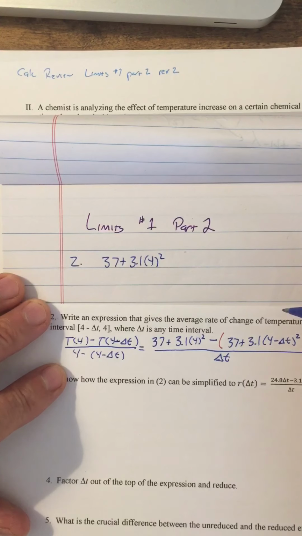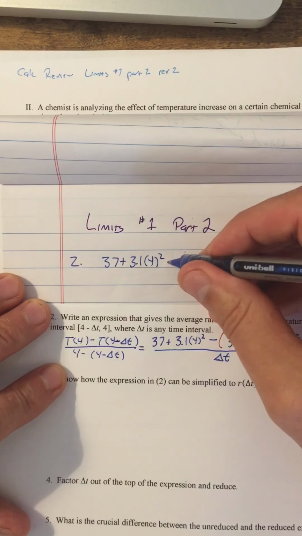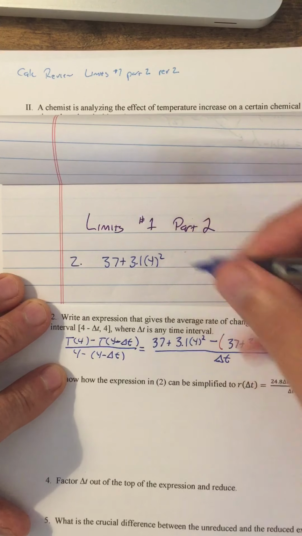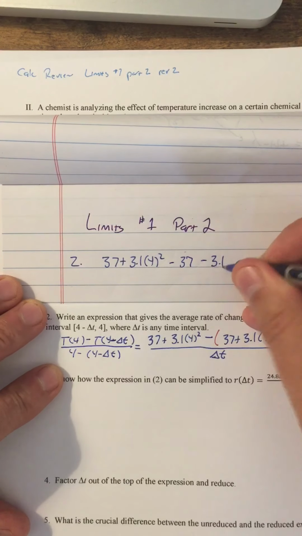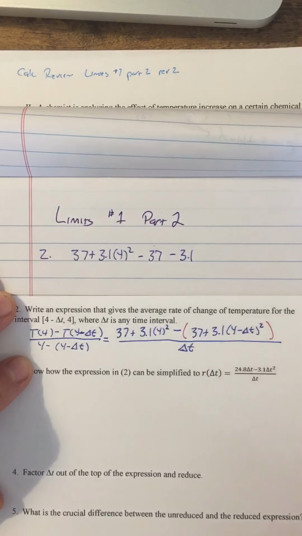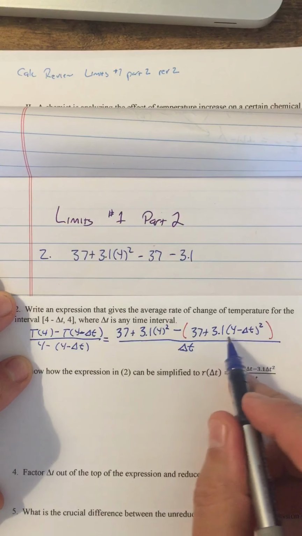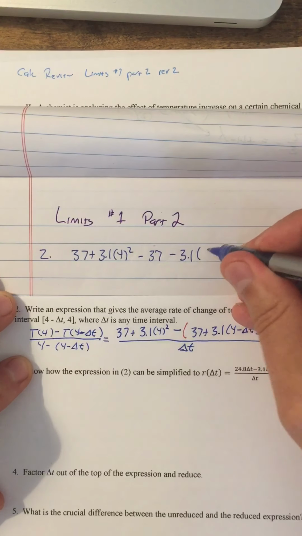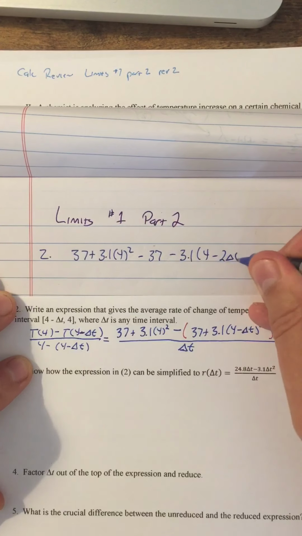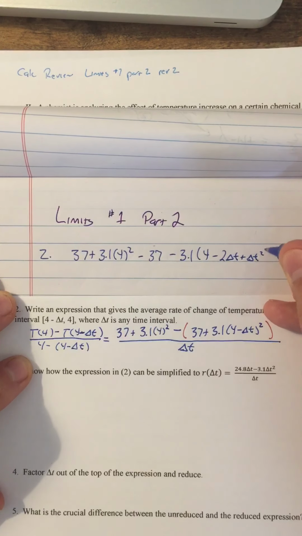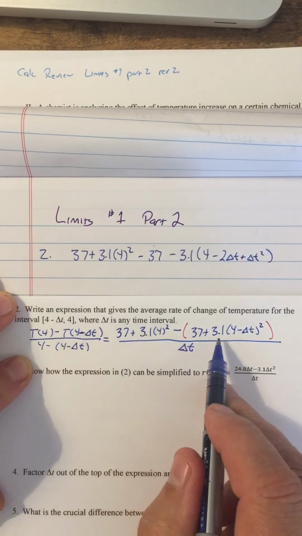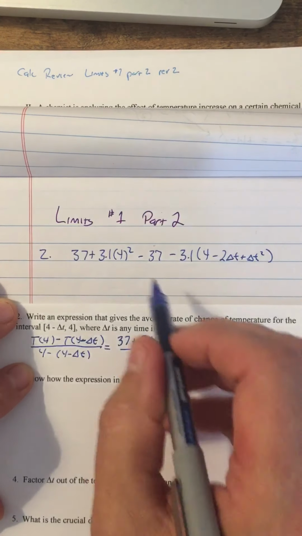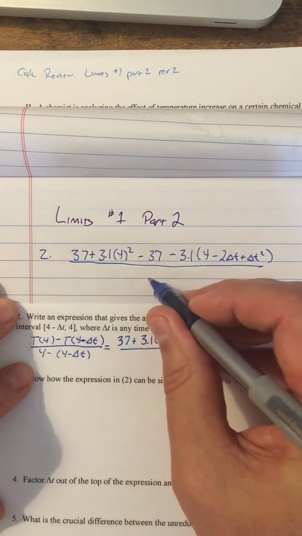I don't want to do 3.1 minus 4 squared. So even though this is probably going to cost me more writing, if I just distribute the minus, I have minus 37 minus 3.1, right? And then if I square out the binomial here, I'm going to have 4 minus 2 delta t plus delta t squared. Right, so that's my numerator. Hopefully I haven't lost anything. I distributed that. Yeah, that looks good. All right, my denominator is delta t.